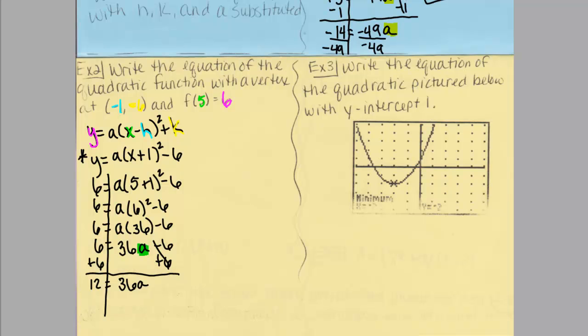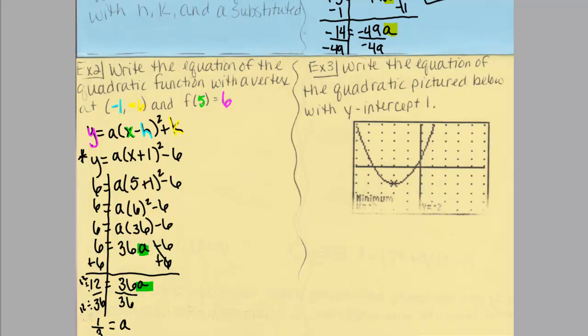Okay, we need to move our stuff away from this a. We are not going to divide by 12 to get whole numbers. It does not matter. We need to divide by what is with the a. So divide by 36. Again, you could do 12 divided by 36 in your calculator, or you could see that 12 goes into both. So divide the top by 12, divide the bottom by 12. 12 divided by 12 is 1. 36 divided by 12 is 3.